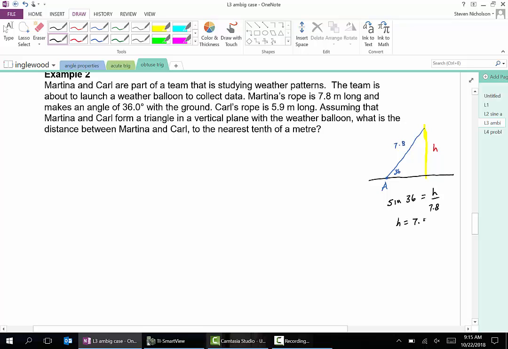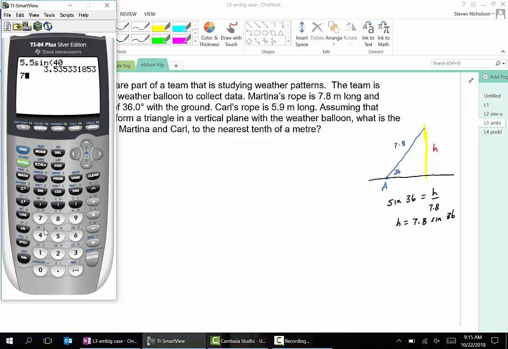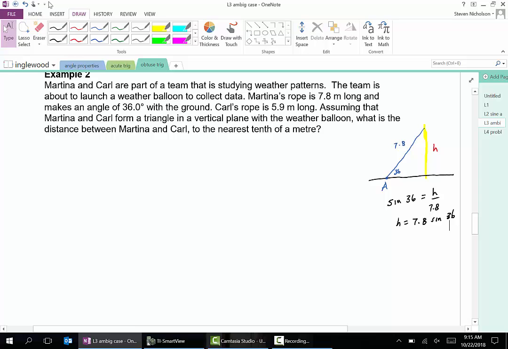H is equal to 7.8 sine 36. And if we got out our calculator and went 7.8 sine of 36 degrees, we get the height of that right triangle is about 4.6. So we'll just say about 4.6. So in order to make a right triangle, if Carl's rope was 4.6 meters long, we would only get that one. But again, here's what this is now saying.